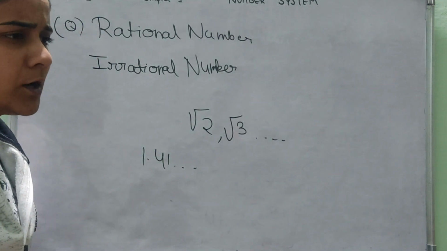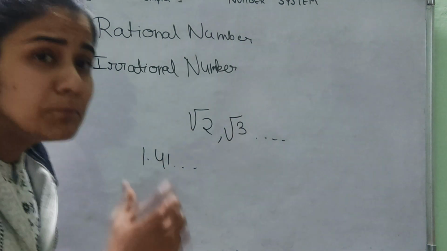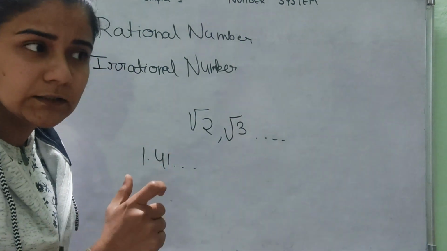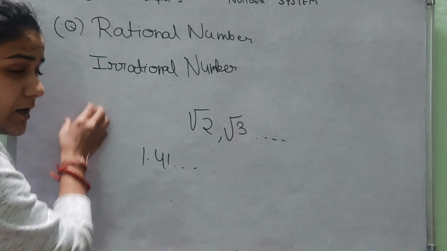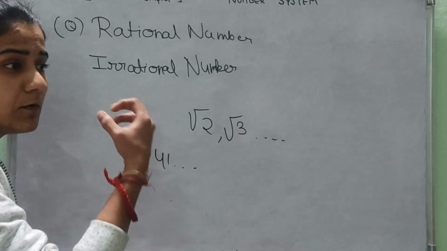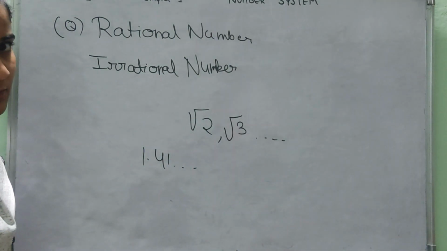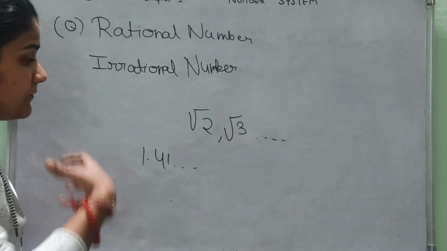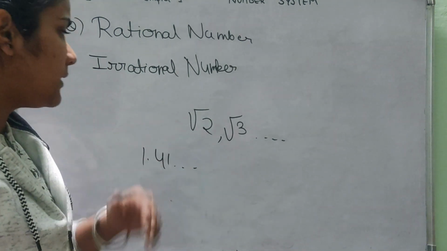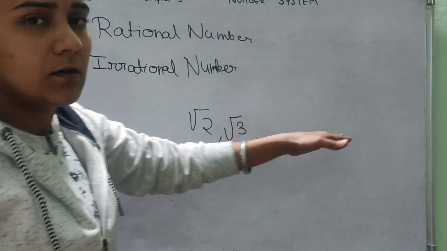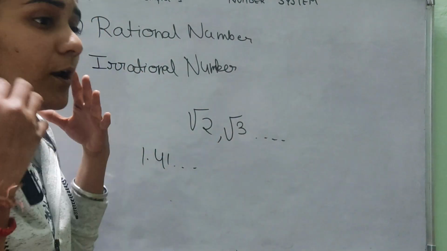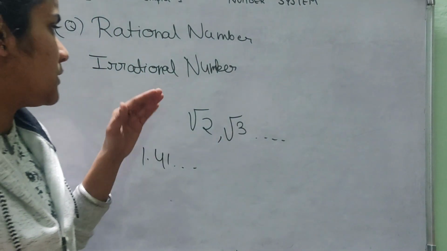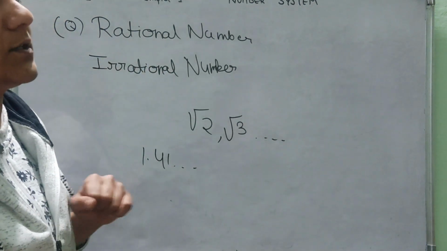Simply, non-terminating means when divided it will never end up with 0. These numbers are non-terminating in nature, so these are categorized as irrational numbers.